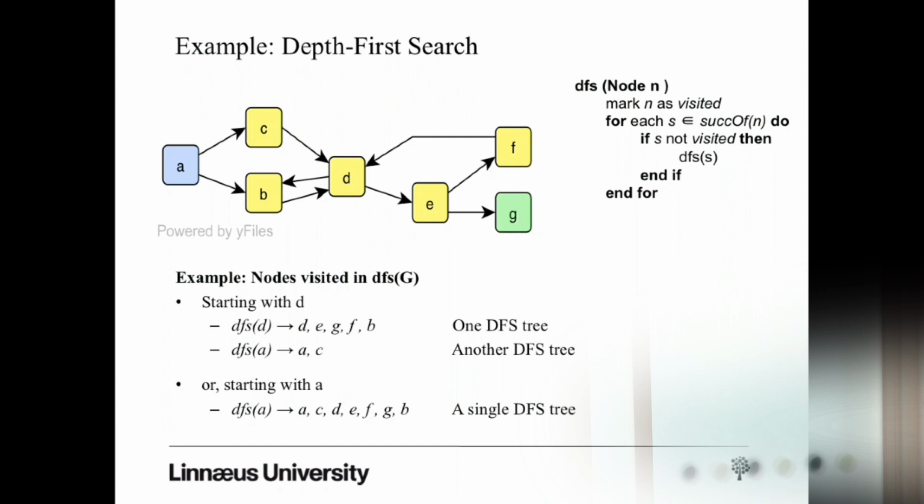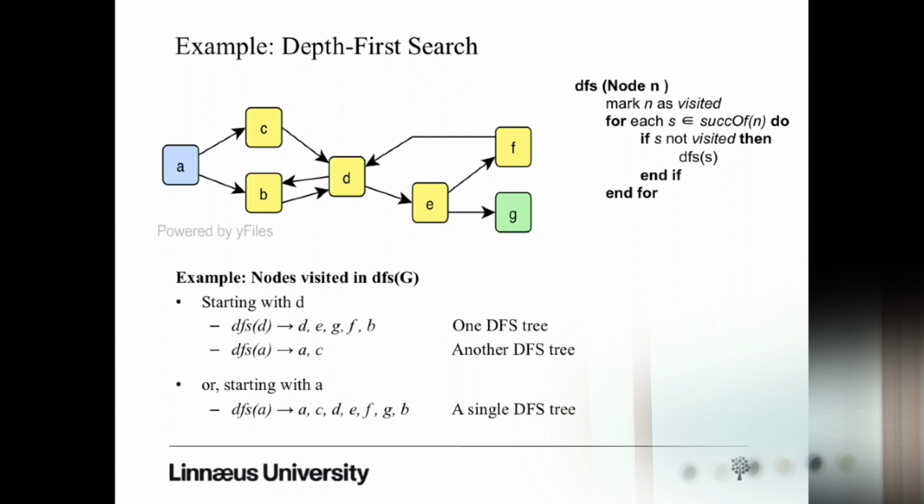Yes, we are here, and E has not been visited before. So we call this method again, and for each s that belongs to the successors of E. E has two successors, F and G. We can take any one, G or F. In this example, I take F, and I call this DFS algorithm recursively with the node F.